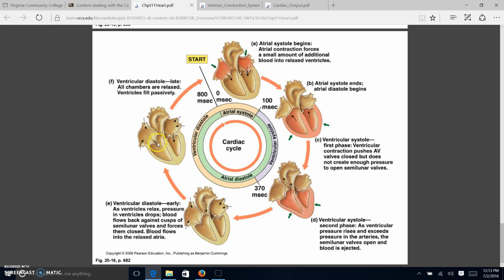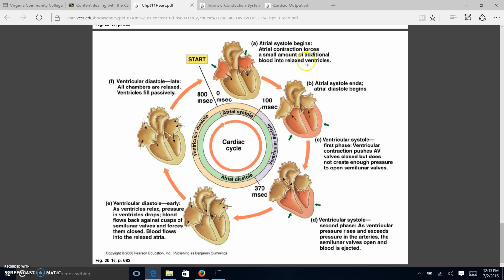So I am passively filling my ventricles. About 70% of the blood that's going to go in my ventricles comes in this way, but then my atria contract again, squeezing that last 30% down into my ventricles before my ventricles contract, close off my valves, and eventually open up the valves where they squeeze the blood out.